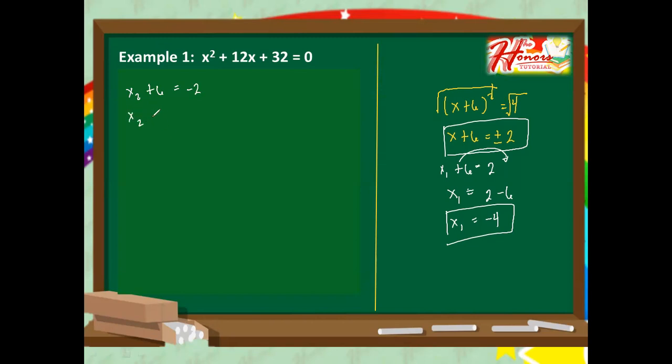So this is x sub 2 equals negative 2. Transpose positive 6 at the right side of the equation, then it will become negative 6. So x sub 2 is equal to negative 8 because negative 2 minus 6 is equal to negative 8. So these are the roots of this equation. We have here negative 4 and negative 8 as the roots.